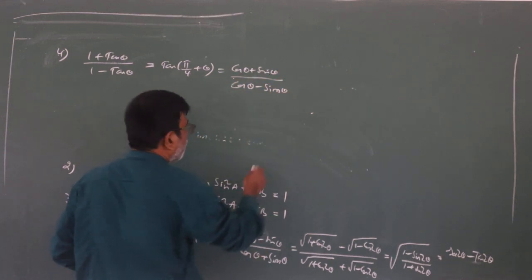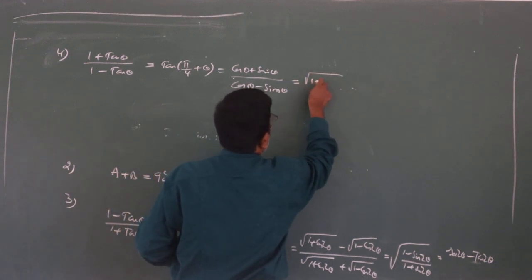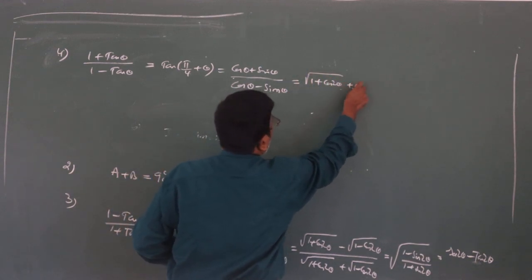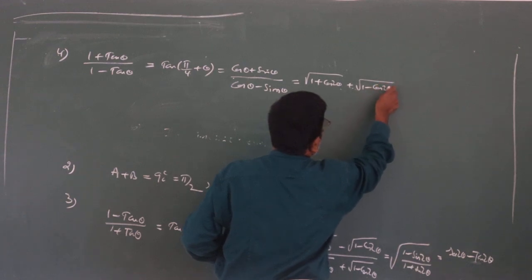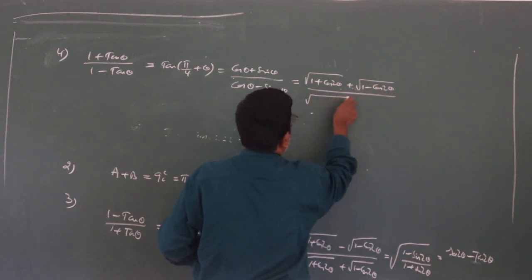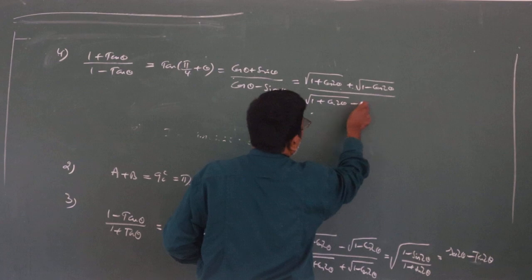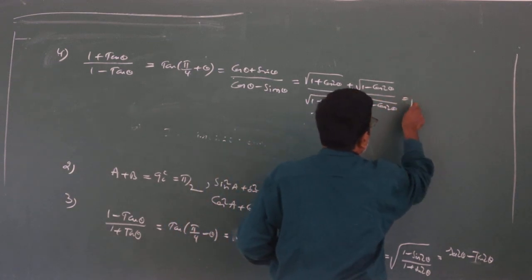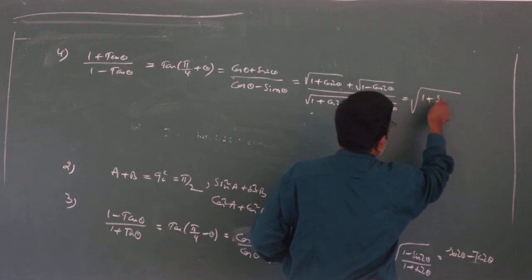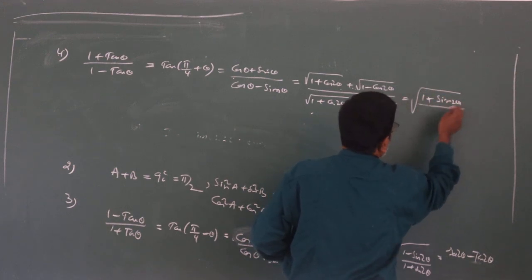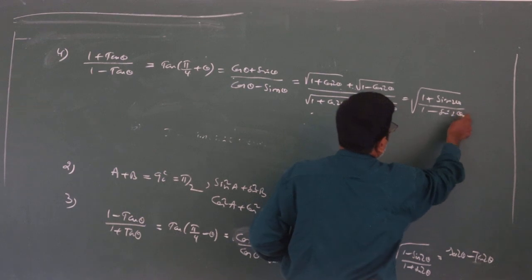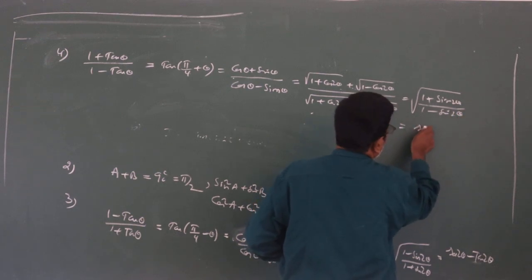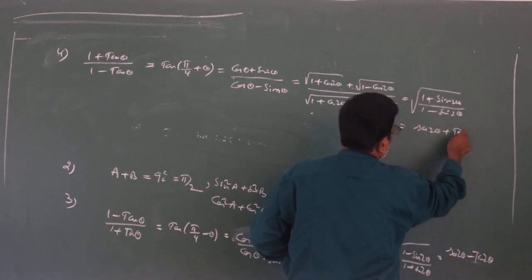It is also the same form as root of 1 plus cos 2 theta plus root of 1 minus cos 2 theta by root of 1 plus cos 2 theta minus root of 1 minus cos 2 theta, and root of 1 plus sin 2 theta by 1 minus sin 2 theta. It is the same as secant 2 theta plus tan 2 theta.